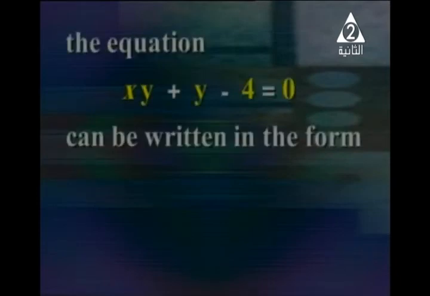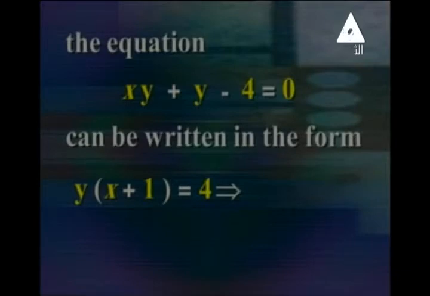Dear student, the equation xy plus y minus 4 equals 0 can be written in the form y multiplied by the bracket x plus 1 equals 4. Why? Because look at the first and second terms xy plus y. Take y as common factor, and y multiplied by the bracket x plus 1 equals 4.